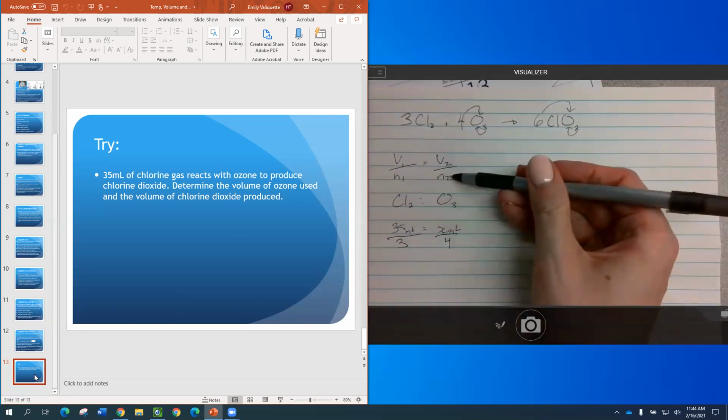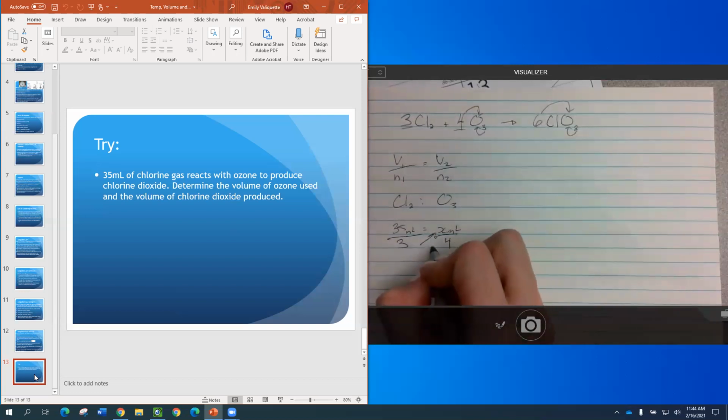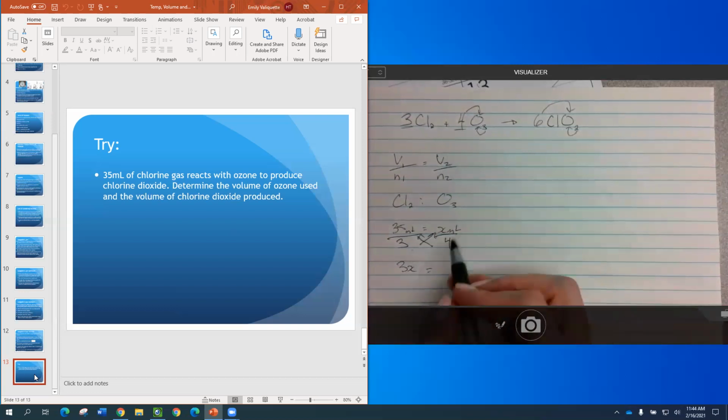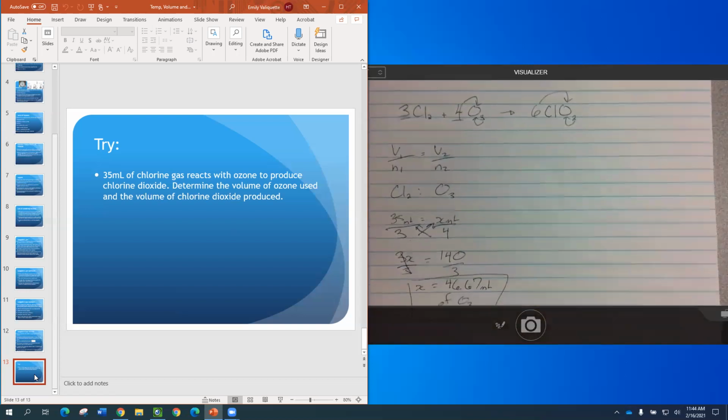So that's what these little n's refer to, is just that mole ratio number in this case. And then I'm going to cross multiply. So 3 times x is 3x. 35 times 4 is 140. And then, of course, to isolate the x, we just divide by 3. And we get 46.67 milliliters of ozone is what is required.